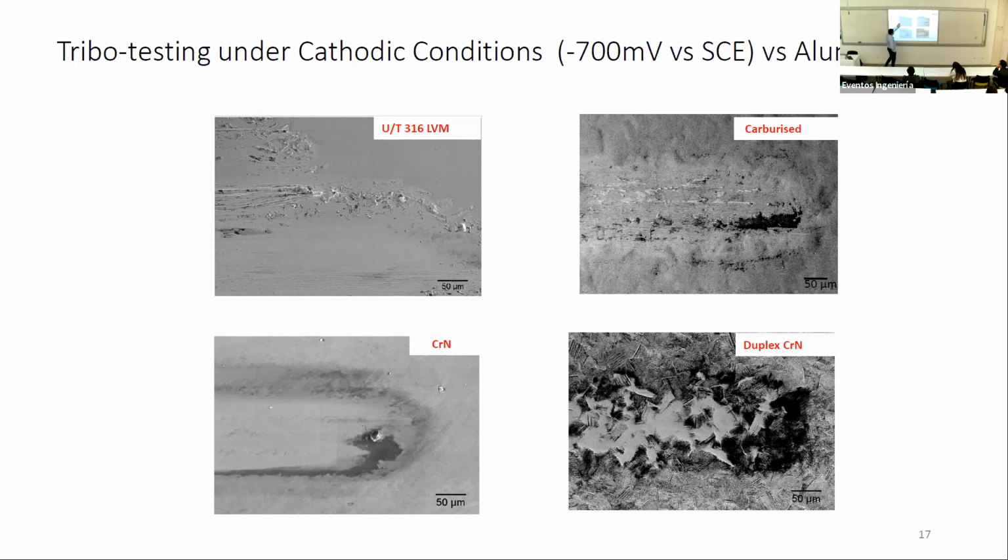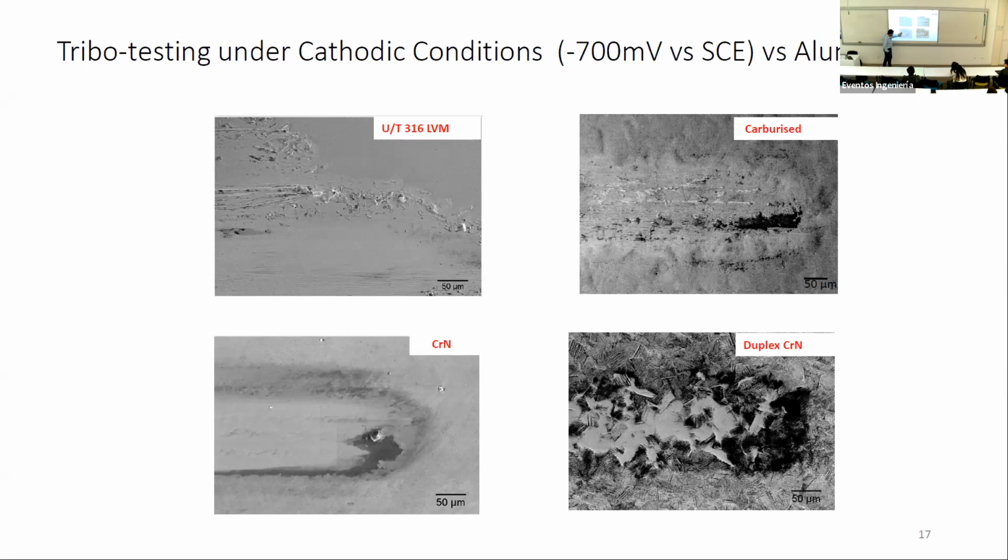So over here, we're seeing, yes, some damage, maybe some scratches, that's the untreated. For the carburized, we're still seeing the original topography from the carburizing and some minor scratches, abrasion.